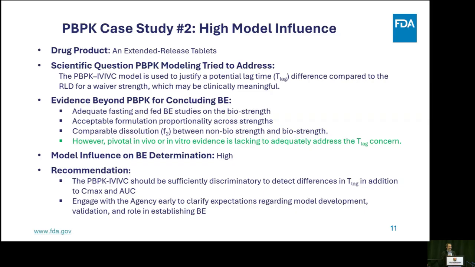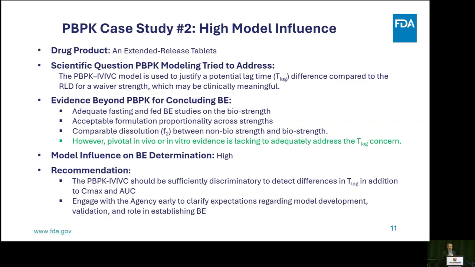We already have evidence to show adequate fasting and fed BE studies, acceptable formulation proportionality, and comparable dissolution between non-bow strengths and bow strengths. But since we have this T-lag concern, the pivotal in vivo or in vitro evidence is still lacking. Also, the applicant's PBPK IVC model was not developed to address this T-lag issue. It can detect differences for Cmax and AUC, but it cannot really detect differences for T-lag.